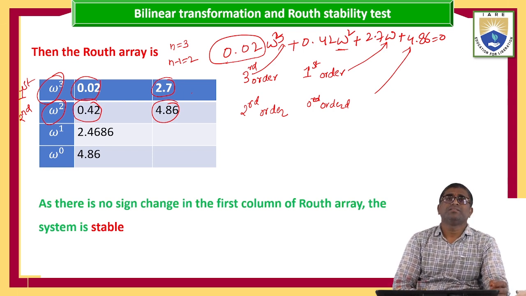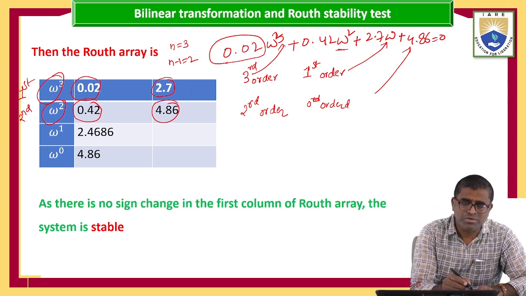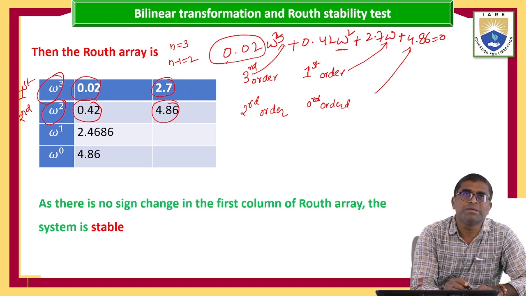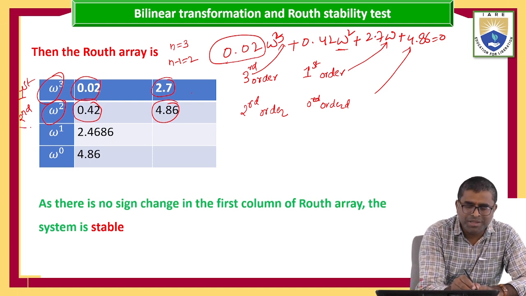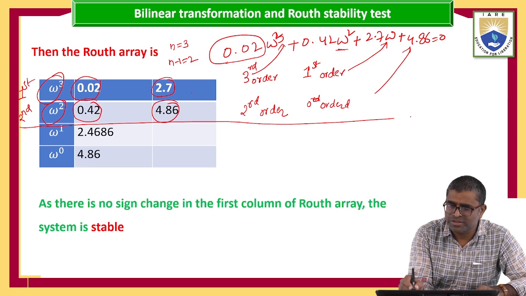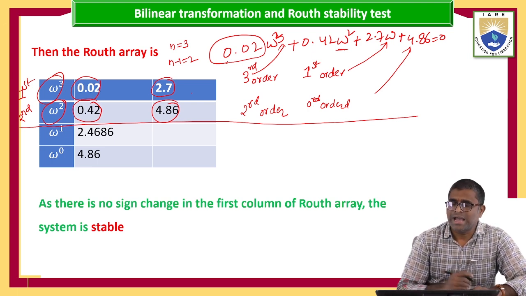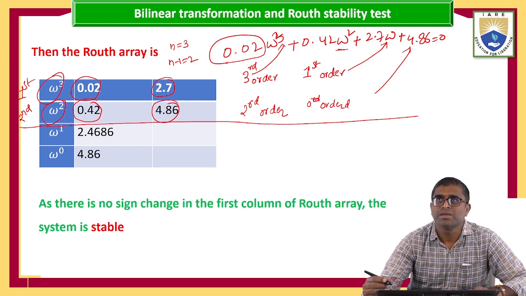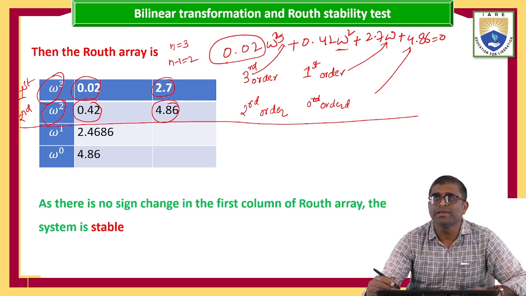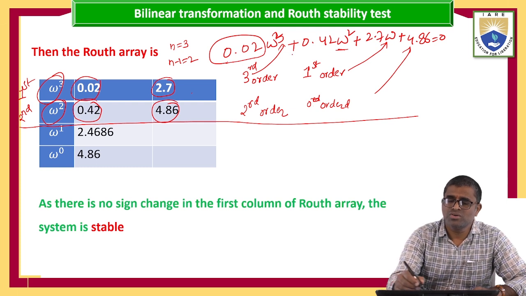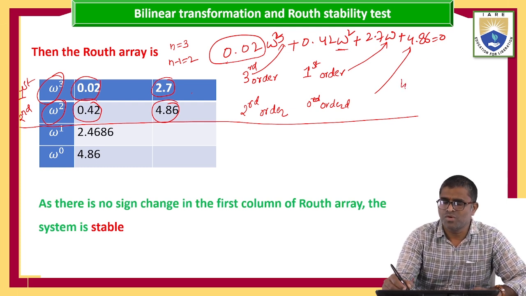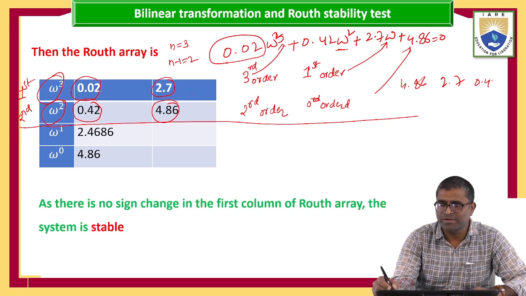One more point is very important. In the previous section we saw the Jury stability test, and I am comparing that one. In the case of Jury stability, the first row runs from left to right: 4.86, 2.7, 0.42 and 0.02.